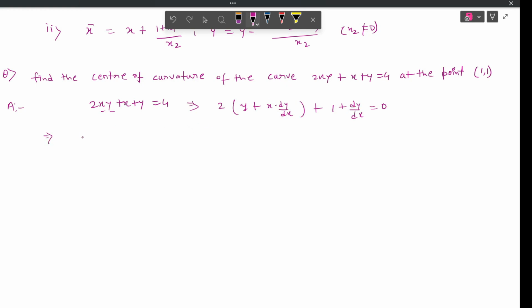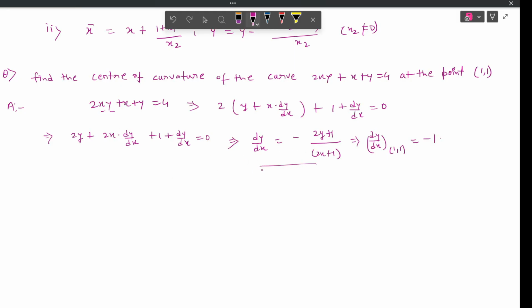Now let's simplify. 2y plus 2x into dy by dx plus 1 plus dy by dx equals 0. If we take dy by dx common, this would be minus of (2y plus 1) by (2x plus 1). So dy by dx at (1, 1), if you put 1 and 1 in place of x and y, you will get minus 1.